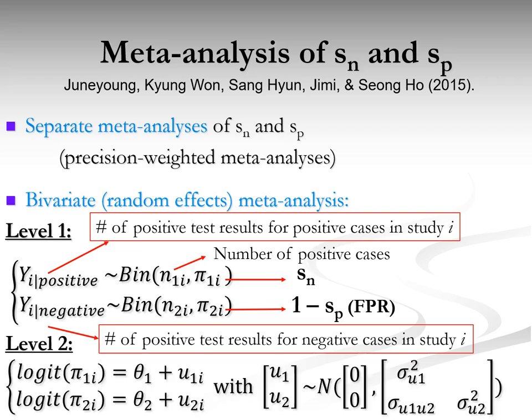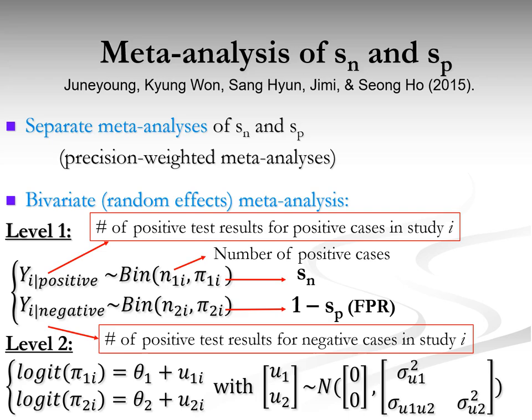And then we say, well, these two probabilities, so the sensitivity and the false positive rate, they follow a normal distribution across studies with means theta 1 and theta 2.